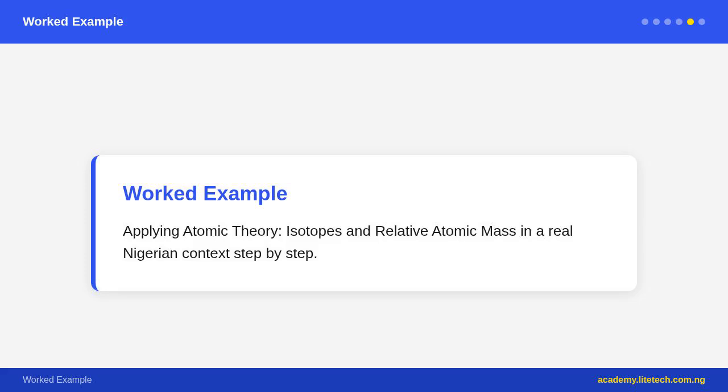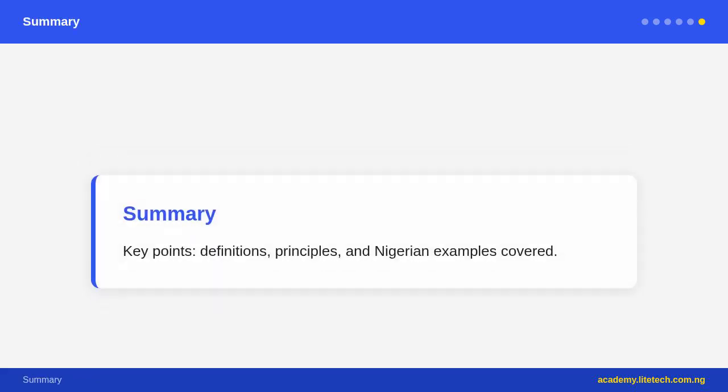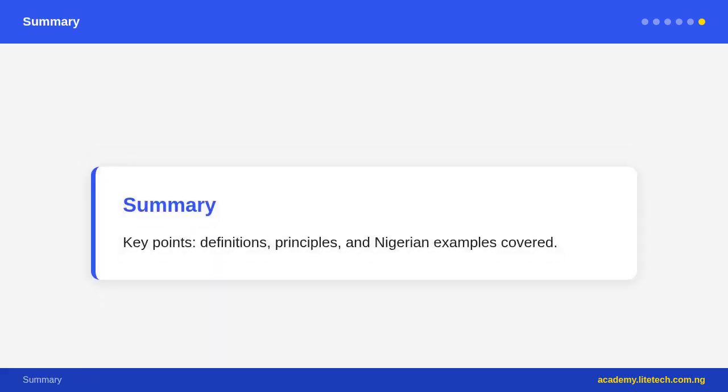Calculate Ar of X. Ar equals (0.6877 times 64) plus (0.3123 times 66) equals 44.01 plus 20.61 equals 64.62. This could be copper. Ar is almost equal to 63.5, a slight discrepancy due to rounding. Real copper has 3 isotopes.